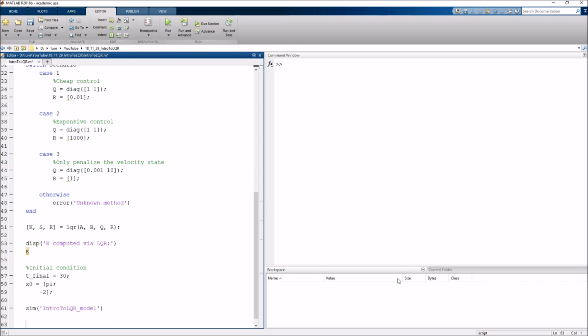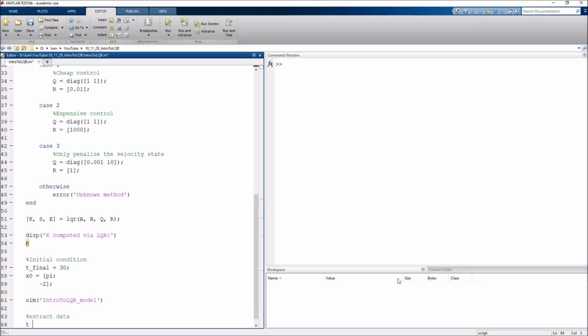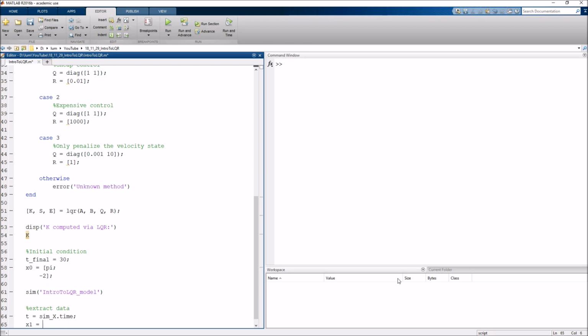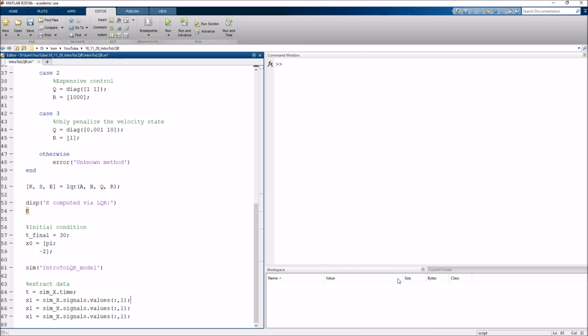So I'm going to call sim intro to LQR, and once that simulation has finished, let's go ahead and extract the data here, right? So time is going to be simx.time, and then x1 is going to be simx.signals.values, all rows column 1 here, and let's do the same thing for x2 and u1 at the same time here. So extract the second state and the first control here.